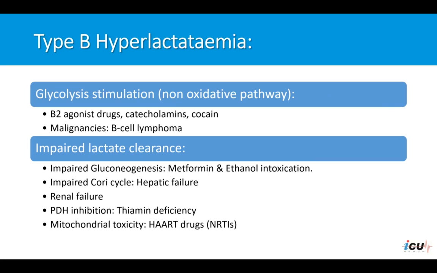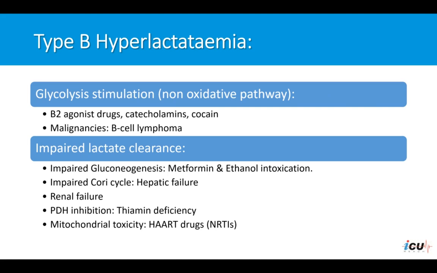The other category would be impaired lactate clearance, which could be caused by impaired gluconeogenesis secondary to utilization of ethanol or some medications such as metformin. You can have impaired lactate clearance because of impaired Cori cycle at the liver level. In patients with hepatic failure, they do not convert the lactate back to glucose, and lactic acid can be elevated.